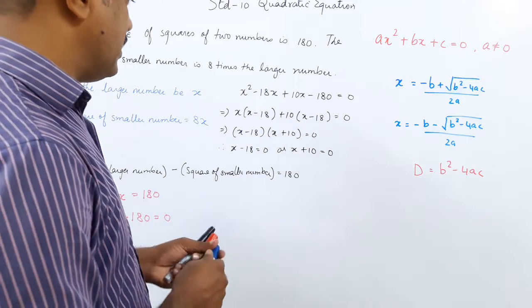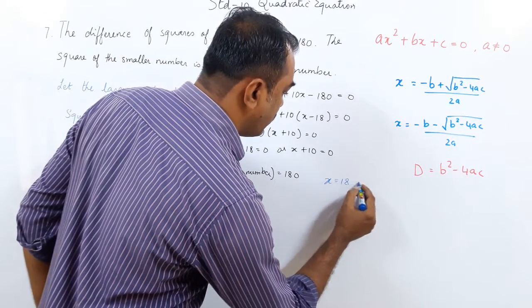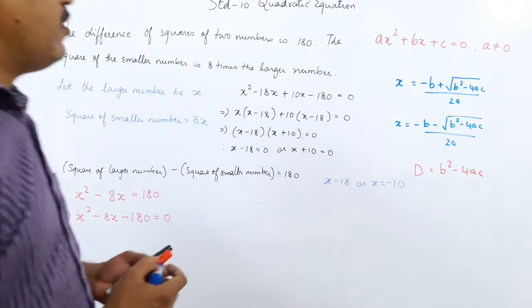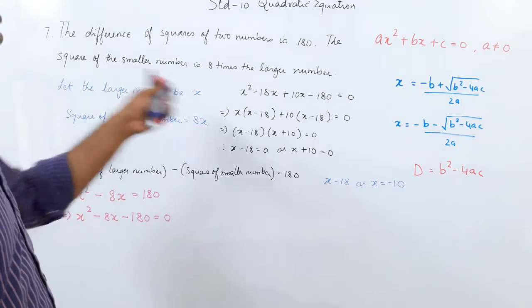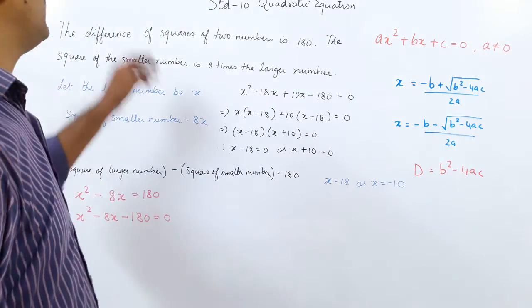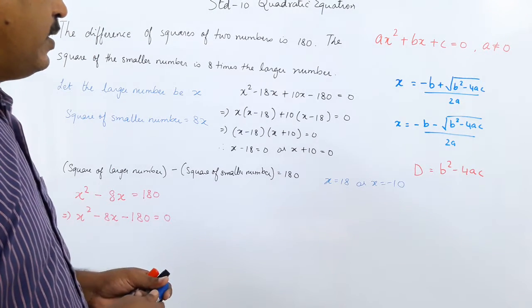So we get x equal to 18 or x equal to minus 10. Now we have got two answers here and both can be considered valid because they have not mentioned positive or negative numbers. So we got x equal to 18.